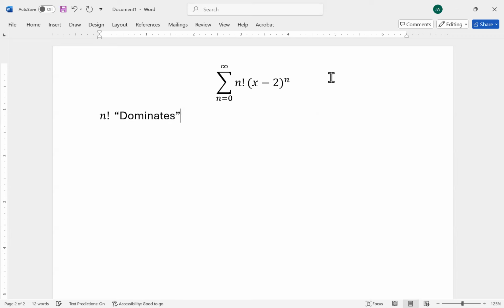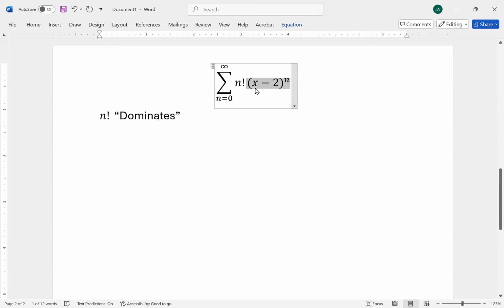It's the fastest order of growth around. Therefore, what it does is going to dictate. Again, I say n factorial dominates because (x minus 2) to the n, once again, is exponential. So we have exponential versus n factorial.